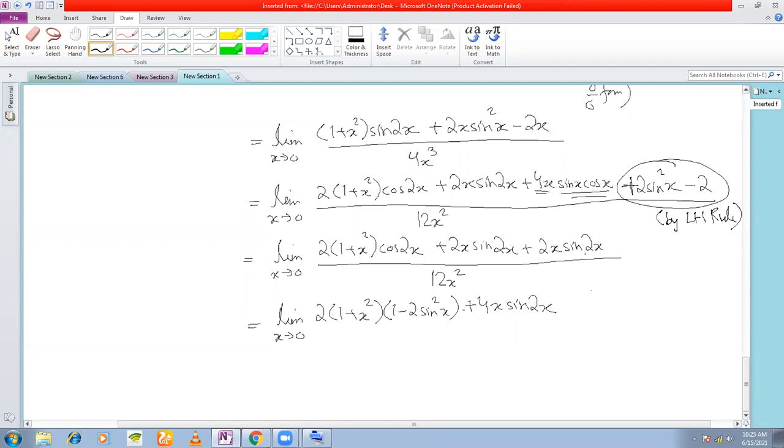Now, after simplification, what is missing here is plus 2 sine square x minus 2.